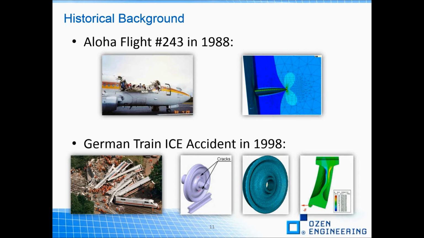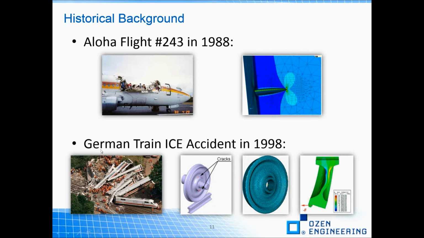One flight attendant died, and luckily, the plane was able to land safely in Maui. The failure mechanism was reported as a result of multiple site fatigue cracking of the skin adjacent to rivet holes along the lap joint, and tear strap disbond, which negated the fail-safe characteristics of the fuselage.